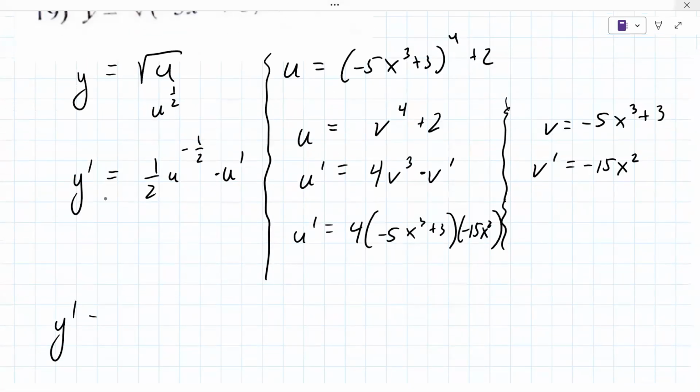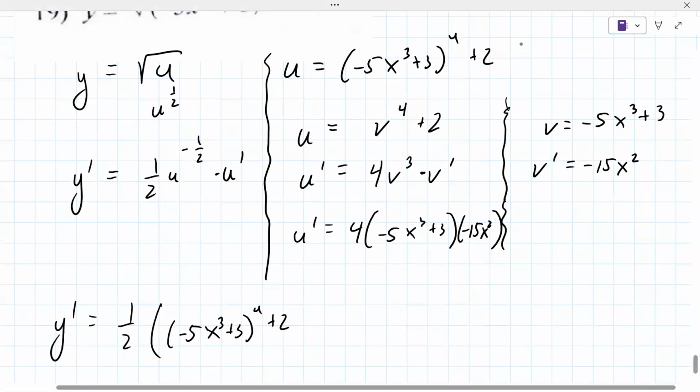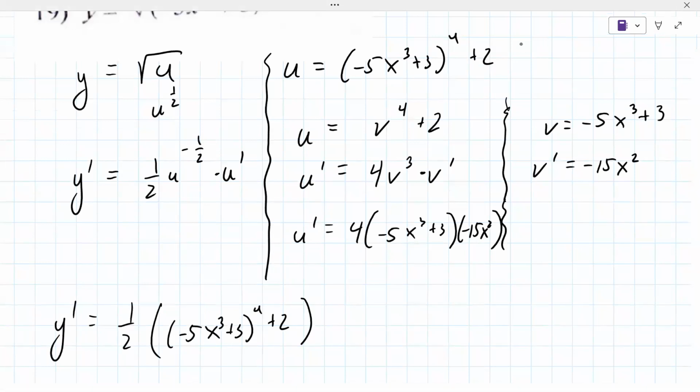So we've got y prime equals 1/2 times u, which is (minus 5x cubed plus 3) to the 4th plus 2, that's all the stuff up here, times u prime. u prime is 4 times (minus 5x cubed plus 3) cubed times minus 15x squared. Okay.